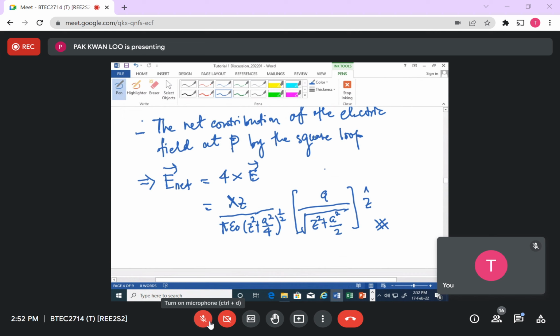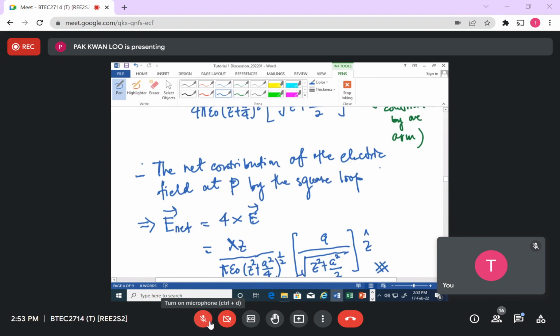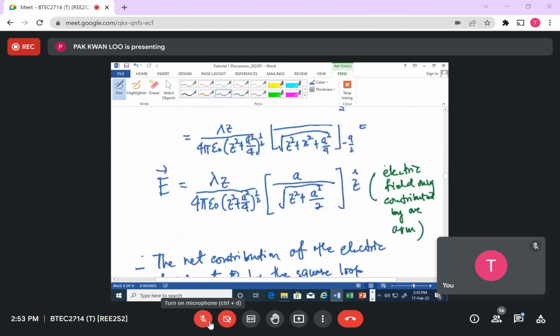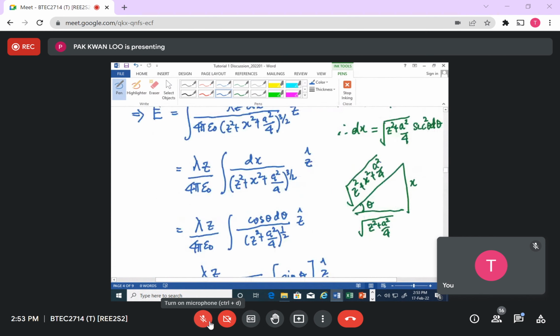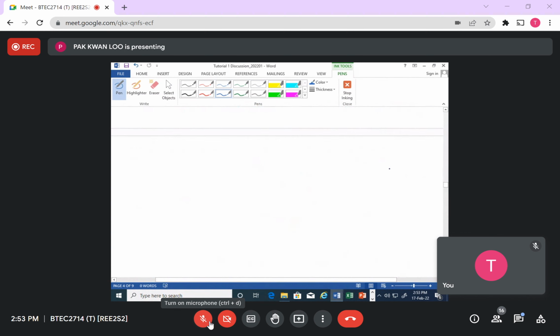Okay, we have a little bit more time. So far I presented the solution. Just now I mentioned that some of you did something which is not right. For example, I saw some of you write dq, which is lambda dl, which is also lambda dx.